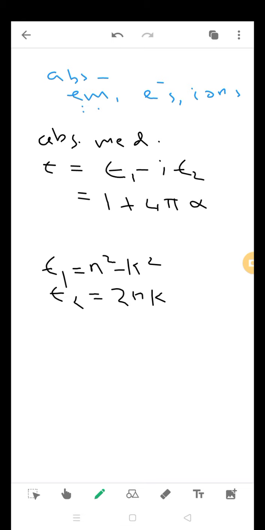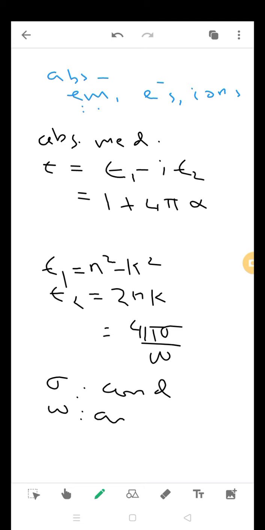which is equal to 4 pi sigma by omega, where sigma is the conductivity and omega is the angular frequency of the incident light.